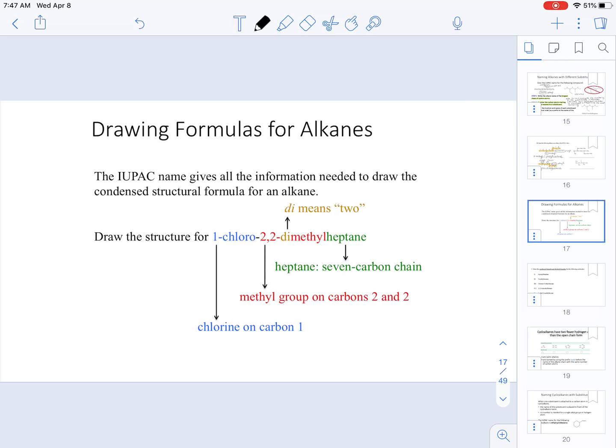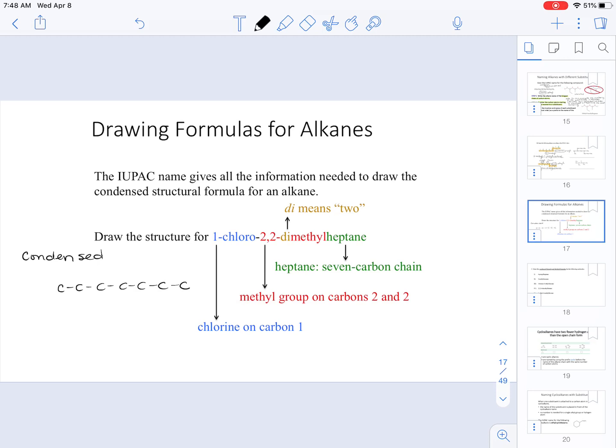So when we are doing this, we have to take into consideration that I'm going to draw first my longest carbon chain, which is going to be that heptane. So I'm going to first write the condensed structure for this name, which is going to be 7 carbons in a row. 1, 2, 3, 4, 5, 6, 7.